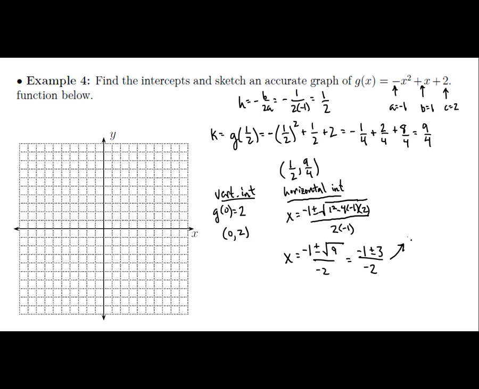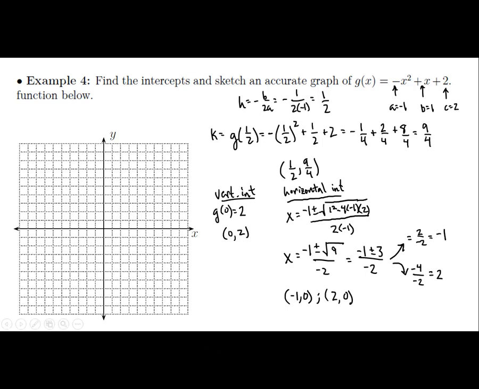On the one hand, if I use the plus, that is 2 over -2, which is -1. And on the other hand, if I use the minus, that is -4 over -2, which is 2. So my horizontal intercepts are (-1, 0) and (2, 0).